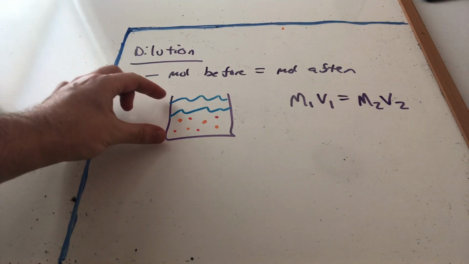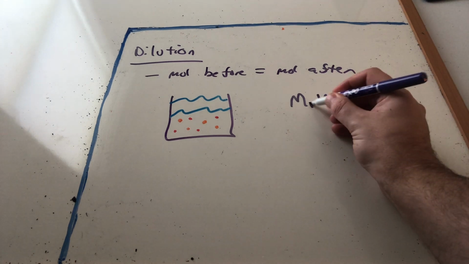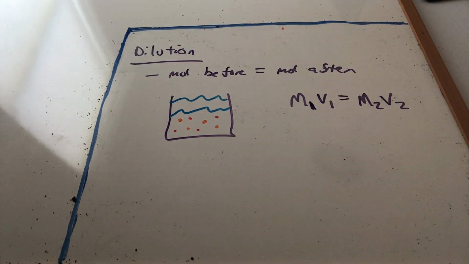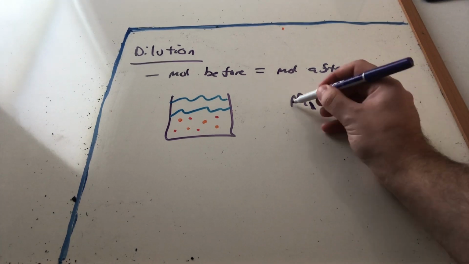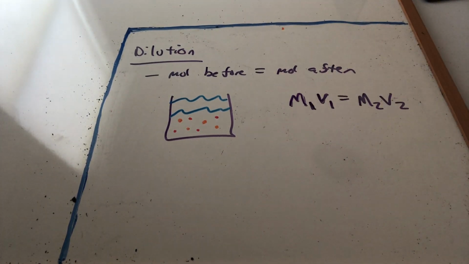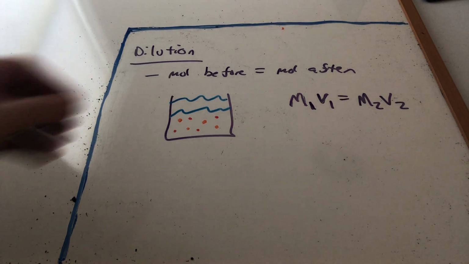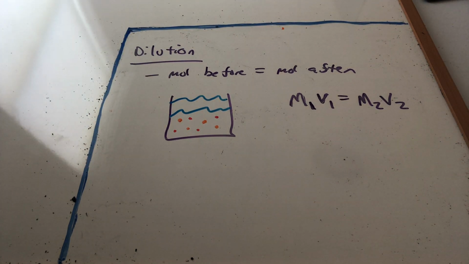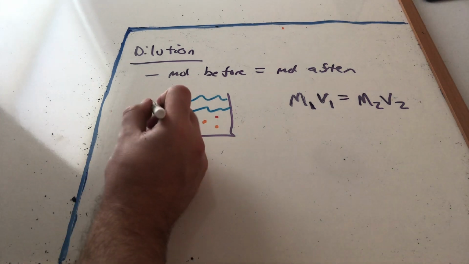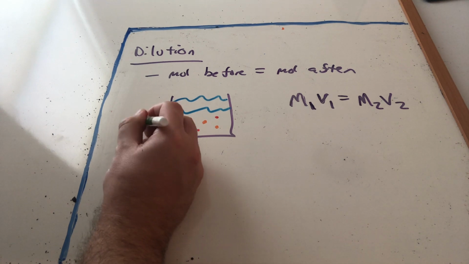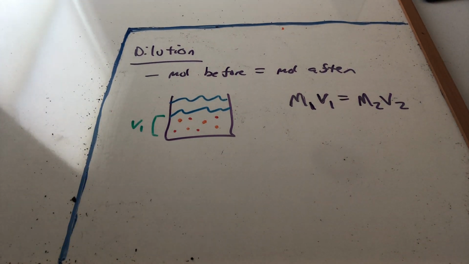The concentration is changing here. M1 is viewed as the concentration before you dump more stuff in there. The concentration before is in a certain volume. M2 is the new concentration in the new volume. So pictorially, what we would have here is a V1, represented by that initial amount of volume.